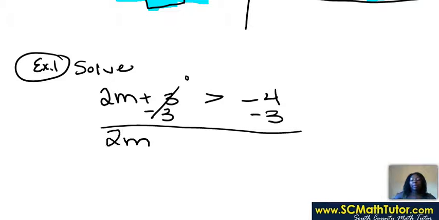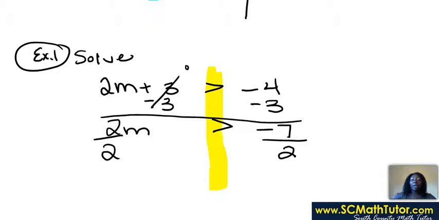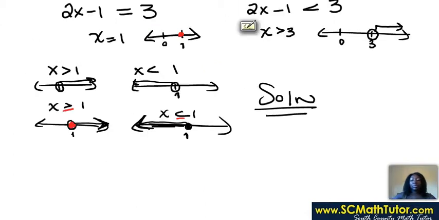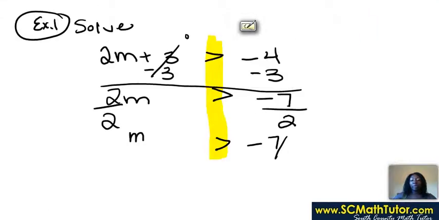So this is 2m is greater than negative 7. Divide by 2. Although this is a negative 7, that's not what is being divided across the inequality sign. You're dividing by a positive, so it does not change the inequality sign. So m is all the numbers that are greater than negative 7 over 2.